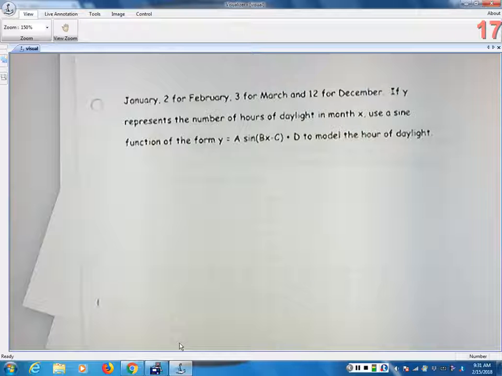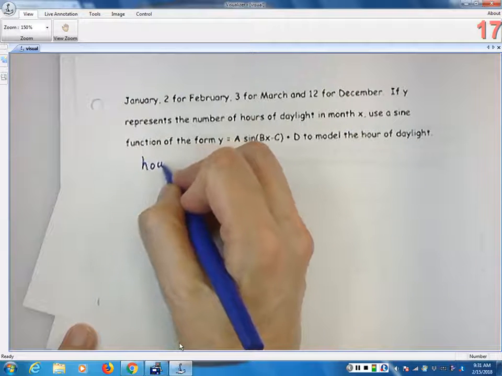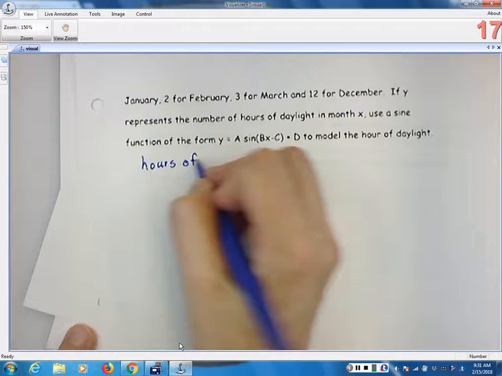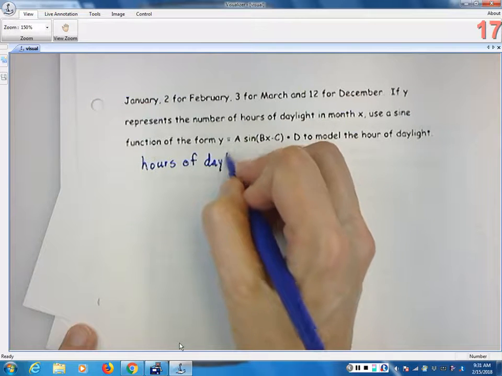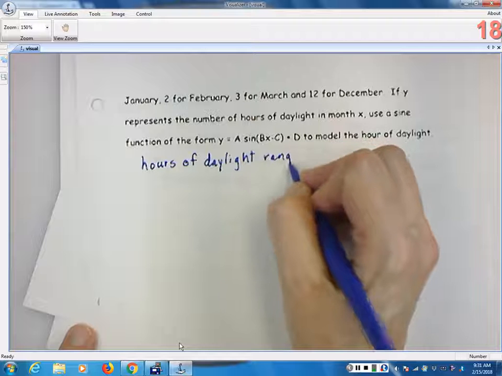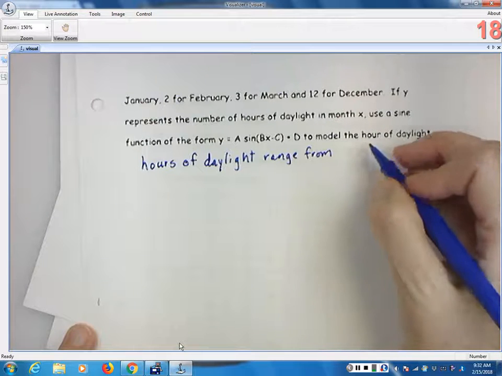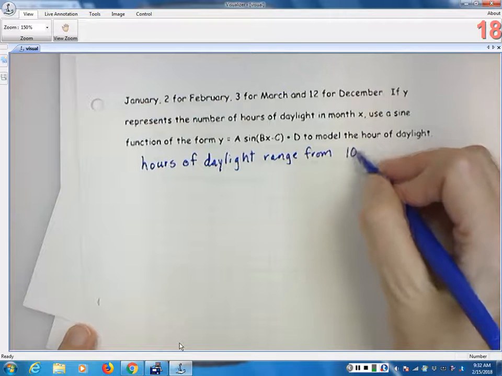so we've got the hours of daylight range from a minimum of 10 to 14.